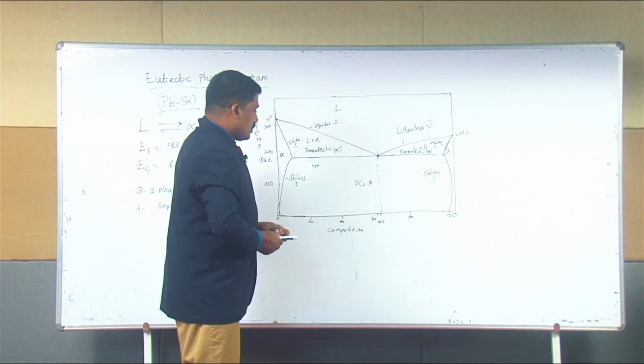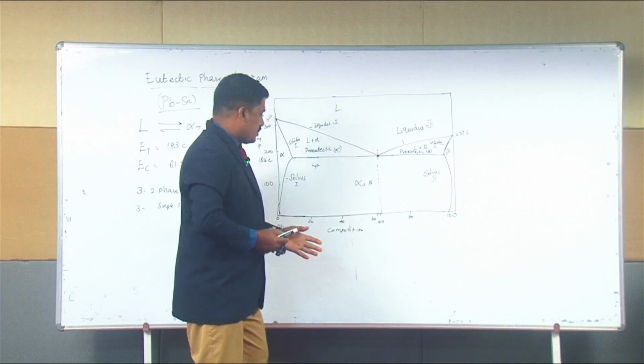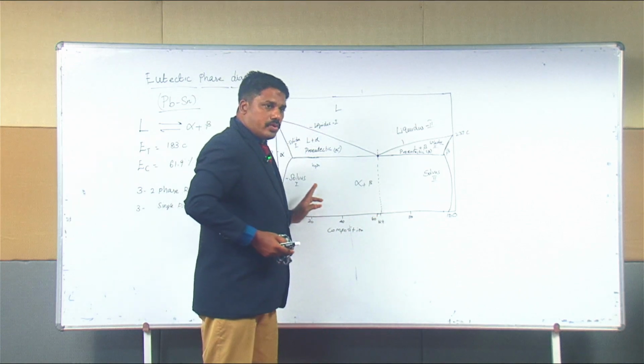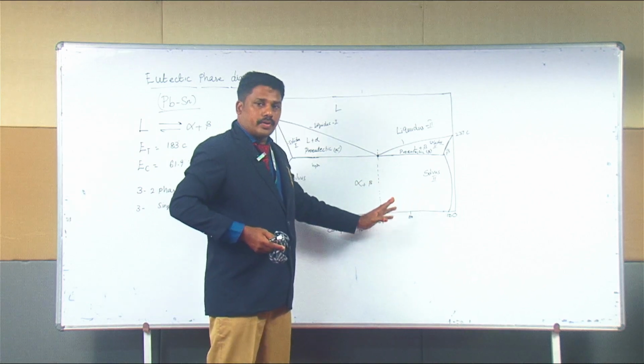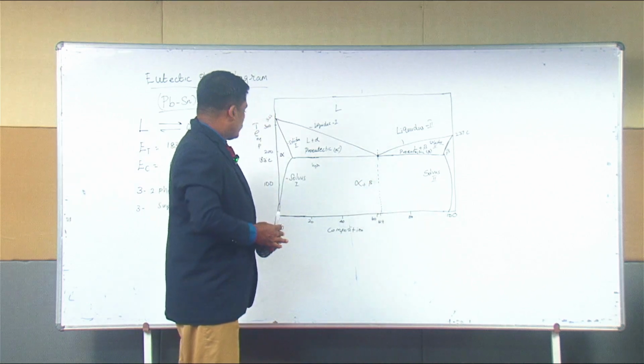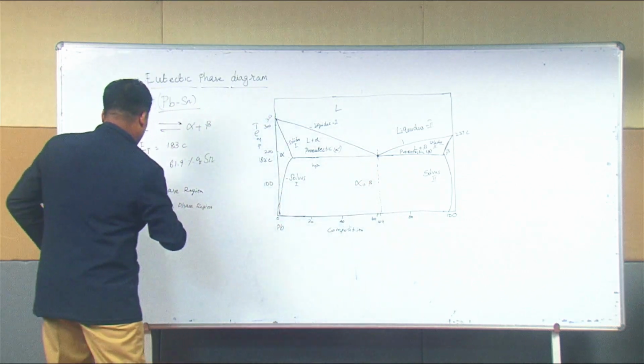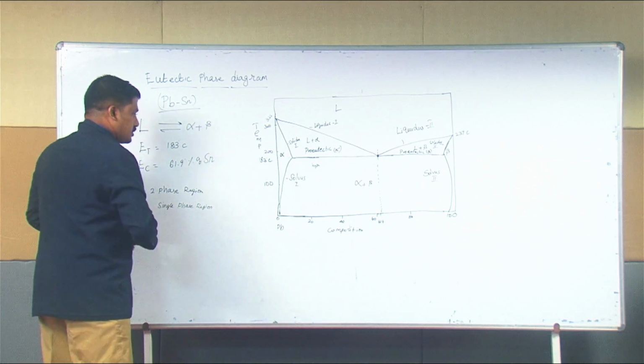Okay. So the left side of the eutectic composition is called hypoeutectic, and the right side is the hypereutectic region. Okay, so that's it. Thank you.